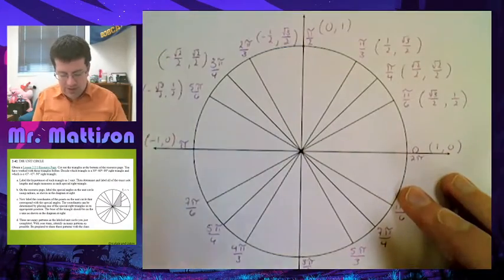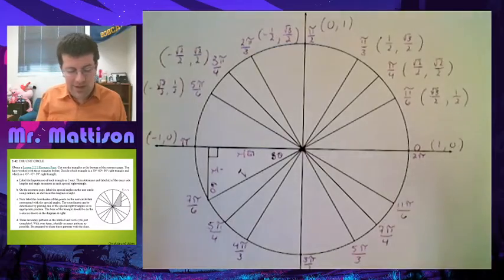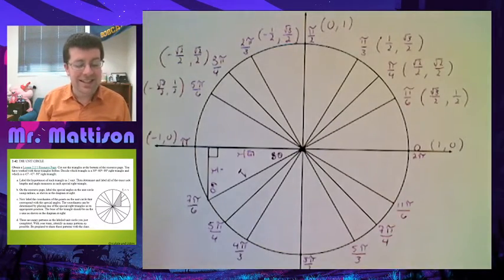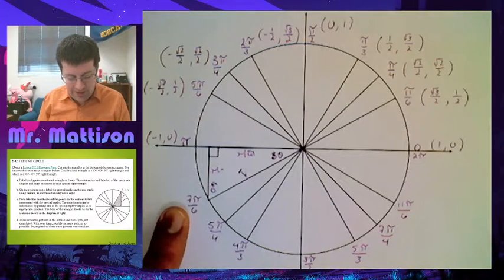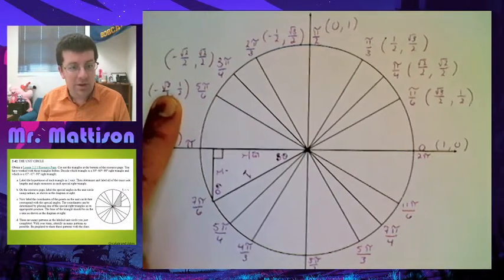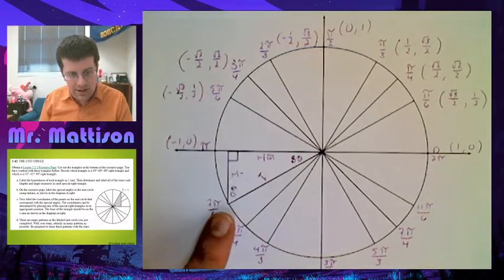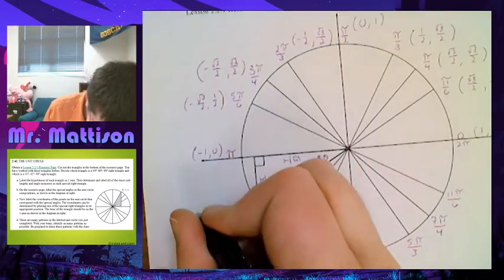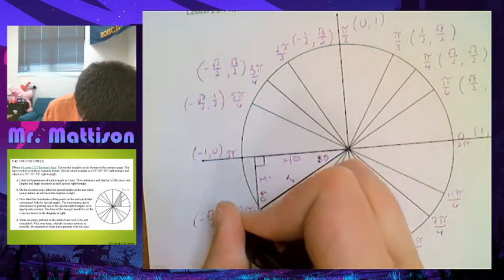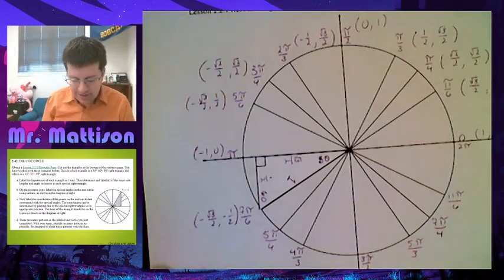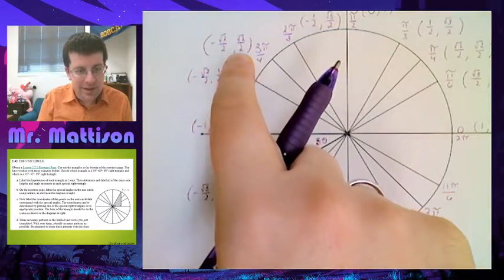If I go down here, my first one is going to be the same as those last two. It still has the same x and y distances, but now I'm negative and negative. So this one should have the same coordinates as this, but they're both negative now, and lo and behold it is. Negative rad 3 over 2, negative 1/2. At that point. So then my point here, same as this, but now both negative.